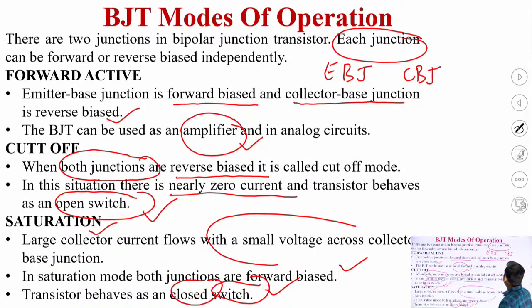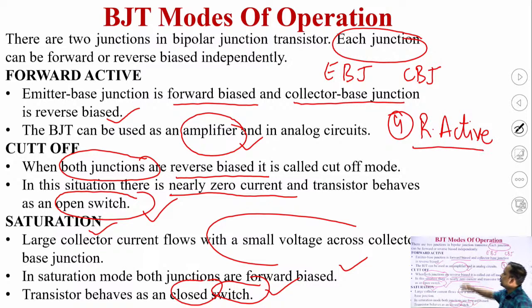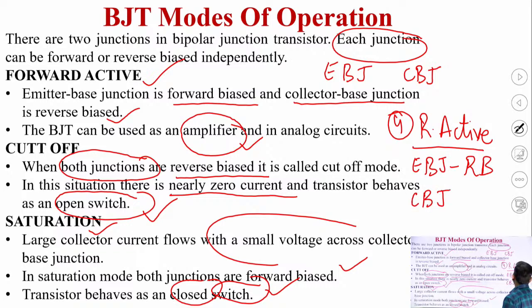We have a 4th mode of operation which is called the reverse active mode. This is just the opposite of the forward active mode. In the reverse active mode the emitter base junction is reverse bias, whereas the collector base junction is forward bias, meaning the opposite of forward active mode.